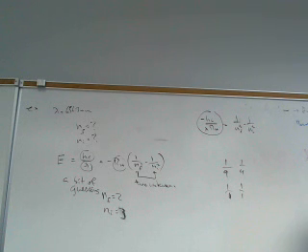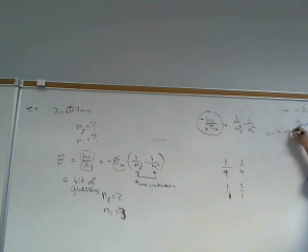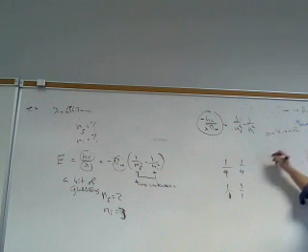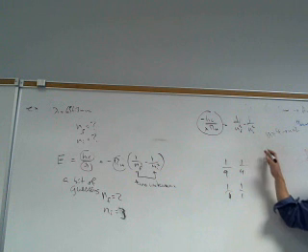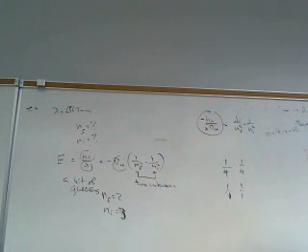This is just an empirical formula. And so it turns out that this line is n equals 3 to n equals 2. That's my final, this is my initial. The next line is n equals 4 to n equals 2. The next line is n equals 5 to n equals 2. That's just a mathematical pattern.